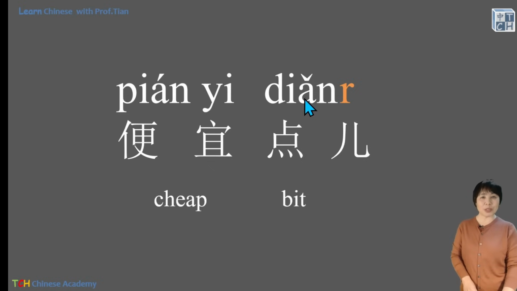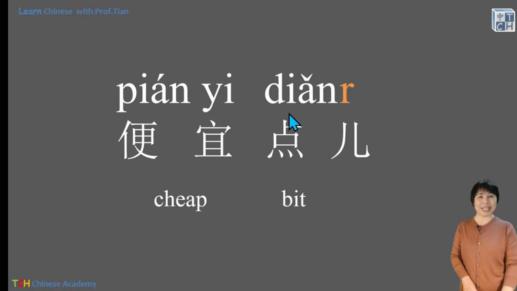And 点 is also an, it's yan. So you see the same vowel, and this time the initial is d. So 点 dian, third tone, 点. And put on this accent, it makes it perfect Chinese: 点儿. So from 点 to 点儿.